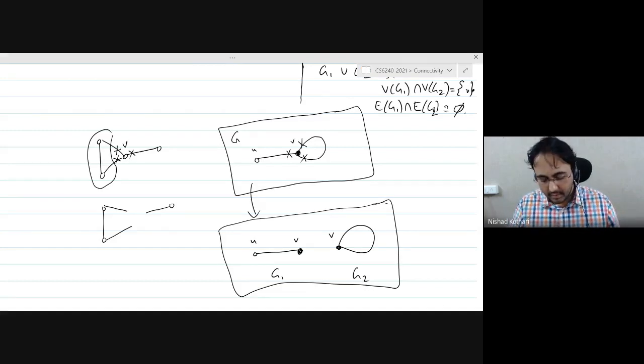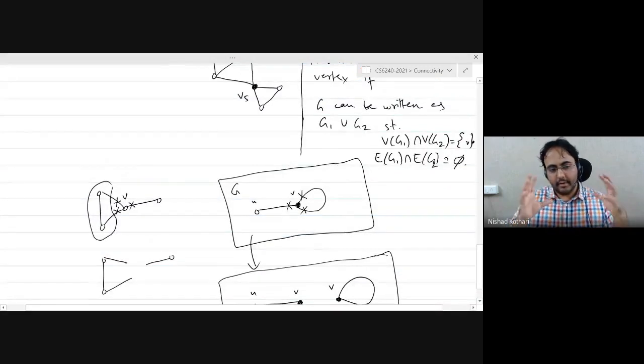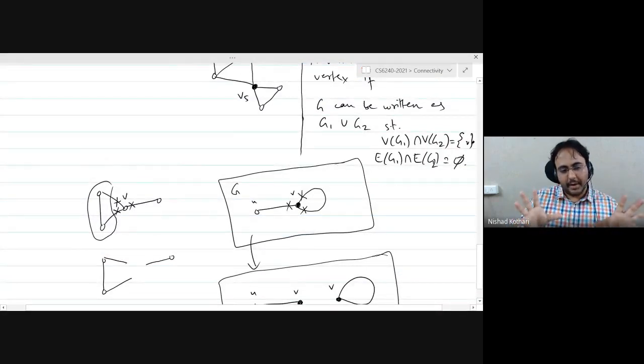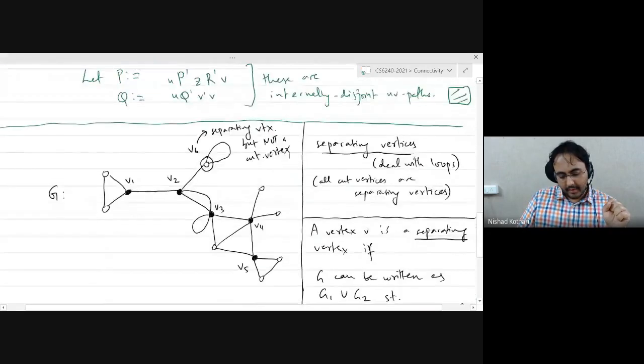So if you can write down your graph as a union of two subgraphs which have exactly one vertex in common and no edges in common, then such a vertex is a separating vertex. Notice that all cut vertices are separating vertices. I'll leave that to you as an easy exercise. But there could be separating vertices which are not cut vertices. The only such case that arises is when your vertex is incident with a loop.